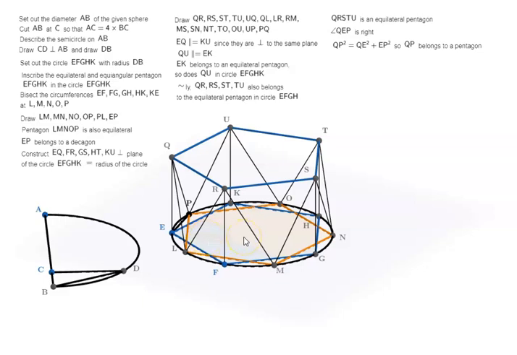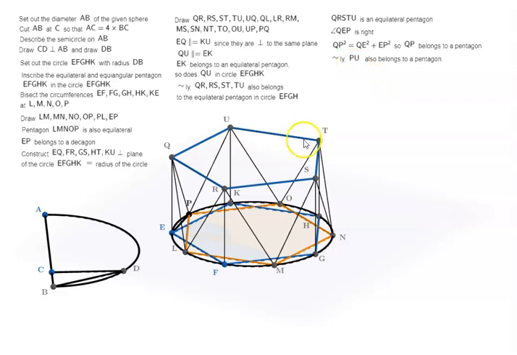So if we have a right angle triangle whose one side is equal to the side of the hexagon and the other side is equal to the side of a decagon inscribed in the same circle, then the hypotenuse will belong to a pentagon. So EP decagon, QE hexagon, that means QP is the side of a pentagon.